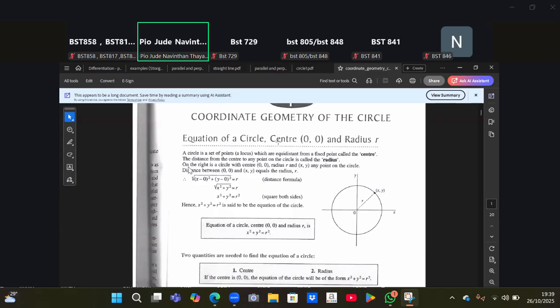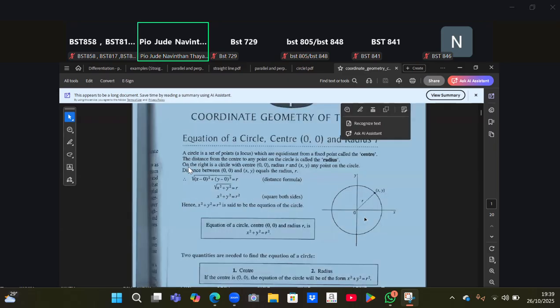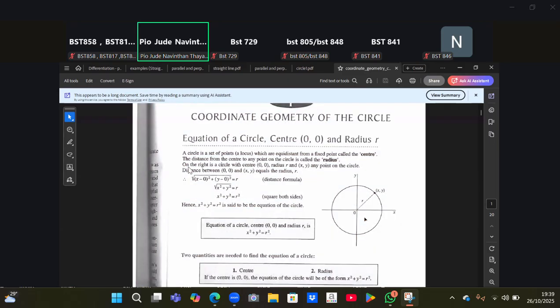So if the center is 0, comma 0, it's actually easy, right? If we have another center, h, comma k, it's not a tough one, but compared with this, it is a little bit more.